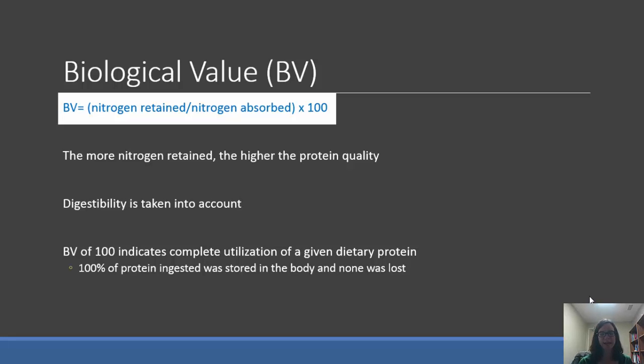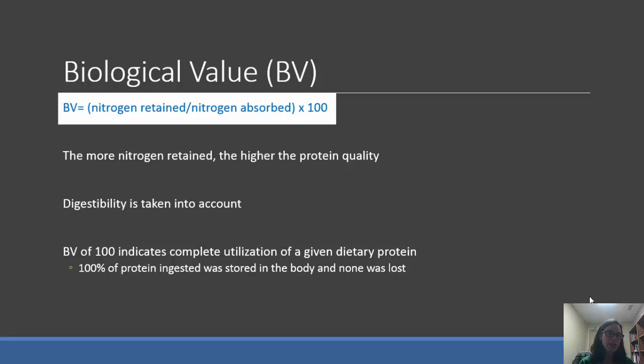is conducted is that a subject is fed a nitrogen-free diet for 7 to 10 days, and then they're fed a diet containing the test protein for an equal amount of time. And then the researchers measure the nitrogen that's excreted, primarily in urine, but also in feces. And the change in the urinary or fecal nitrogen excreted between the two diets is calculated.